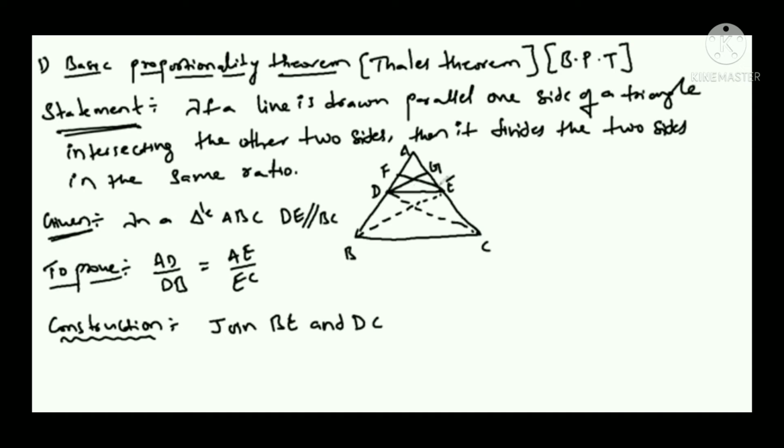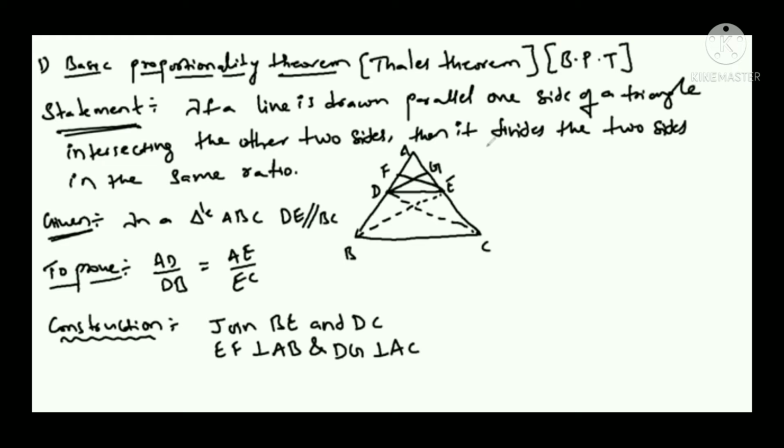That means EF is perpendicular to AB for this entire line, and at the same time DG is perpendicular to AC. If a line is drawn like this, it is perpendicular to AE also, to EC also, and to the whole line AC. Okay, now construction is done.